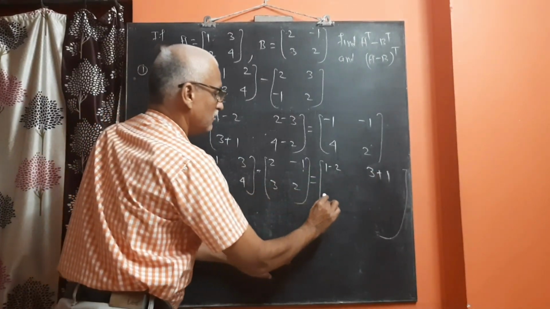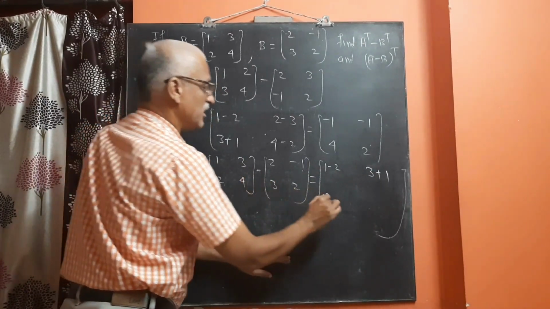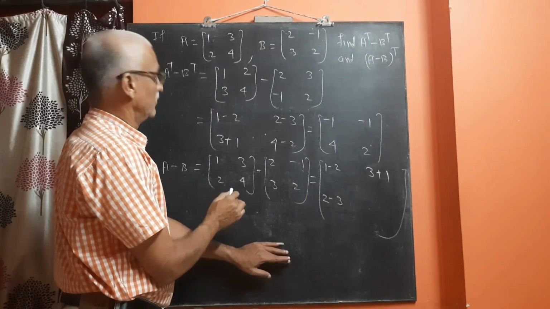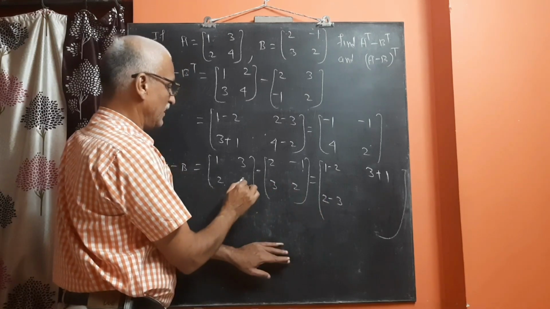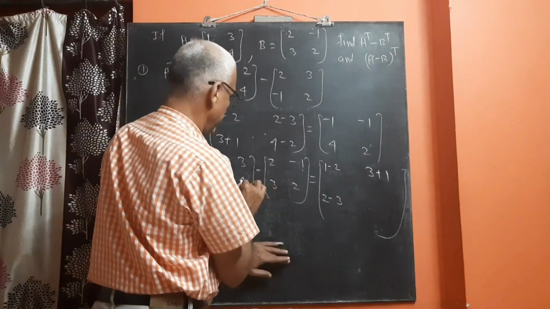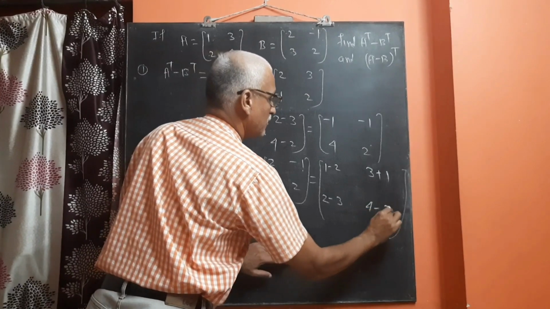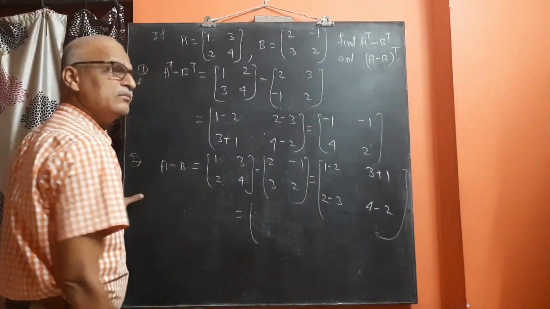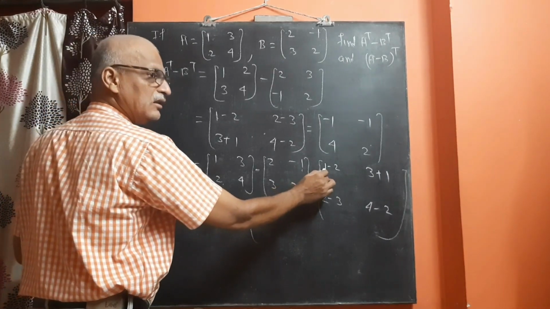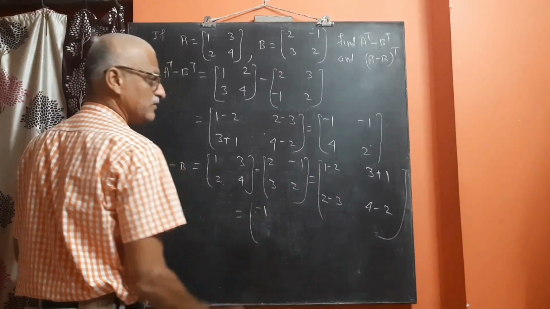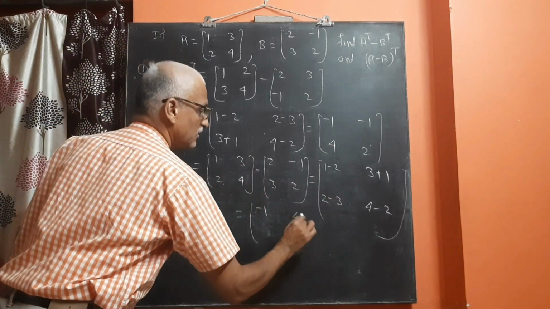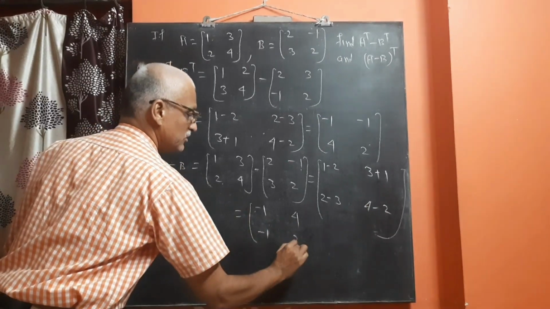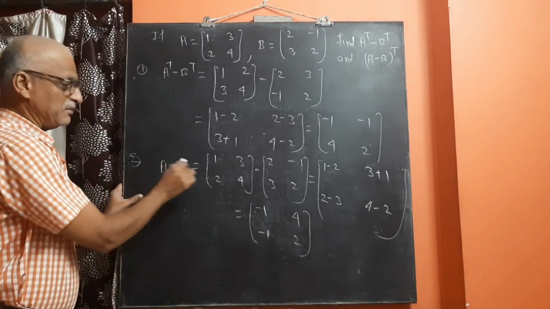Then 2 minus 3, and the last one is 4 minus 2, is equals to 1 minus 2, that is minus 1. 3 plus 1, 4. 2 minus 3, that is minus 1. 4 minus 2, that is 2. So this is A minus B.